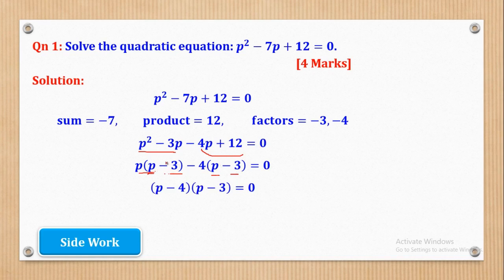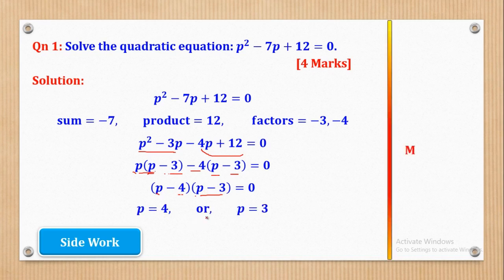So we pull out p minus 3, and I'll remain with p here and -4 here. So now I factorize, but it's equal to 0, meaning either p minus 4 equals 0 or p minus 3 is equal to 0. For p minus 4 being equal to 0, it means that p will be equal to 4. And for p minus 3 being equal to 0, it means that p is equal to 3.